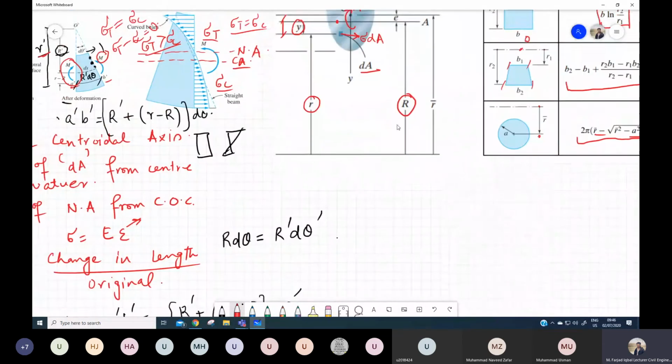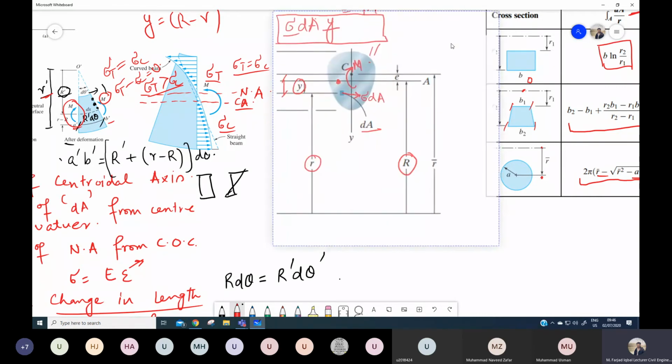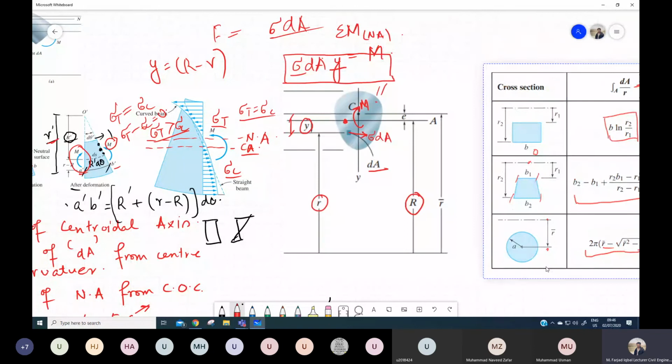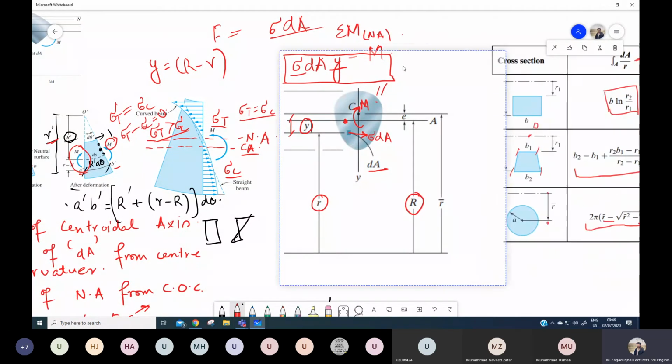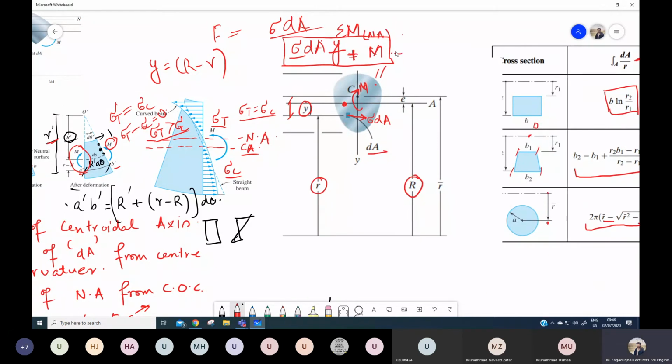In this figure, if you see, both these moments, or this force, is producing the counterclockwise moment about the neutral axis, and this moment capital M is also being produced in the counterclockwise direction. So if I have to take the moment about the neutral axis, it should be plus M is equal to 0, and then this M will go to the other side and we will have the negative sign with this moment, that is negative M. So this is one.